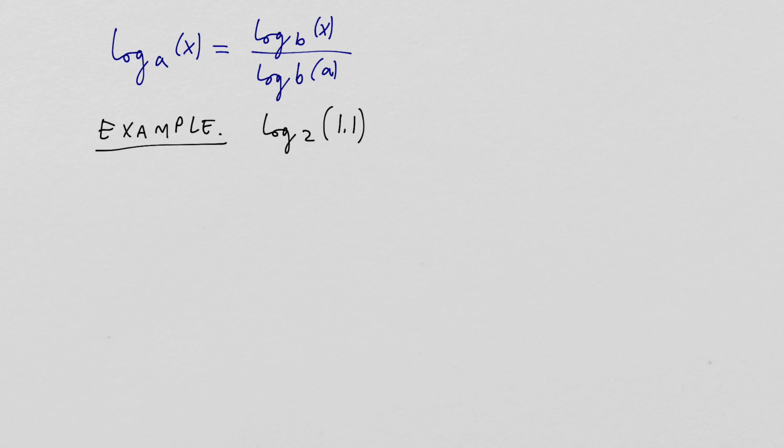Let's calculate the approximate value for the log 2 of 1.1. We can express both of the logarithms by using the natural logarithm. So we did a change of base, and now I happen to remember that natural logarithm of 2 is about 0.7.